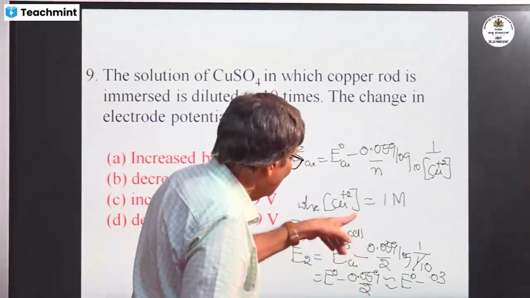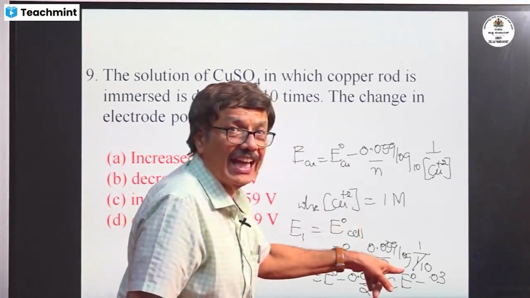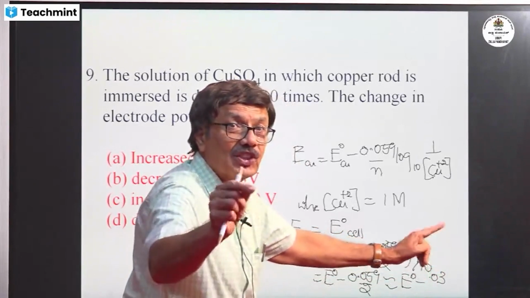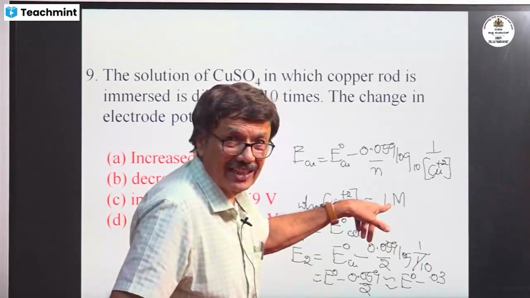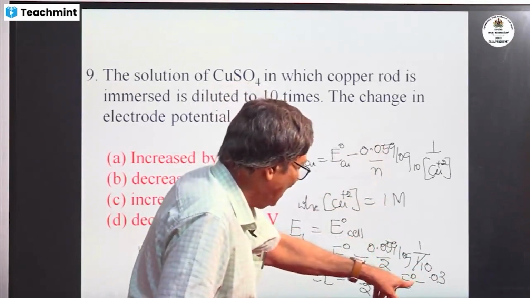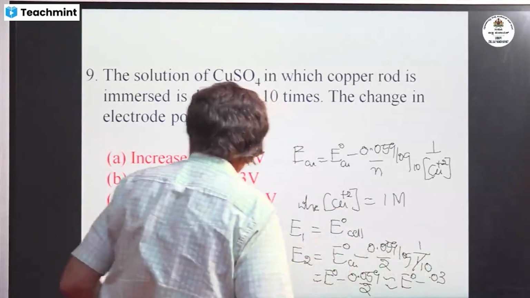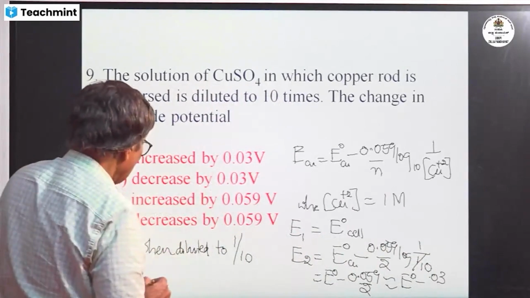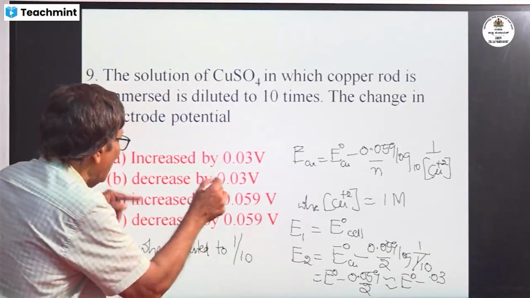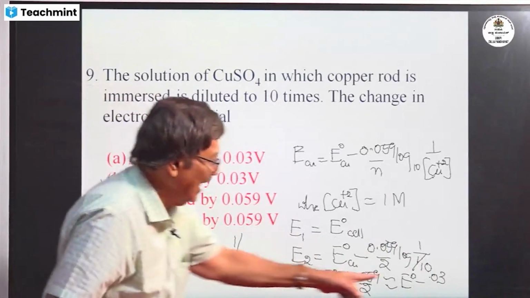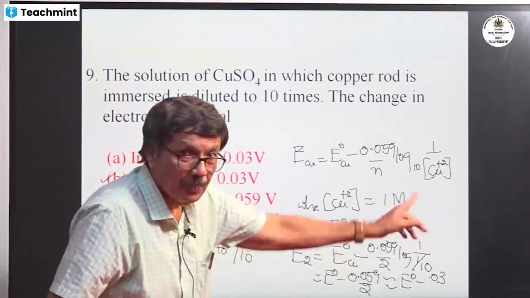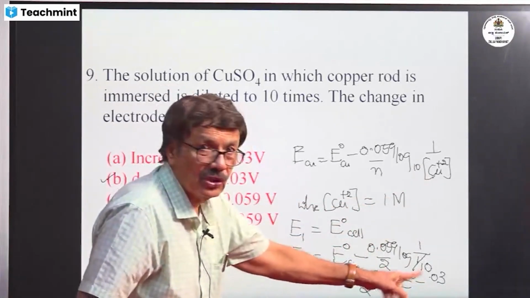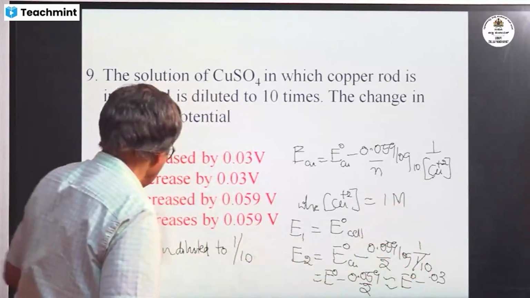So initially it is E naught of the cell, and after diluting it becomes E naught minus 0.03. So what is the right answer? Increased, no; decreases, yes. Decreases by 0.03 volt. Not 0.09, because the n value is 2. So that is the right one.